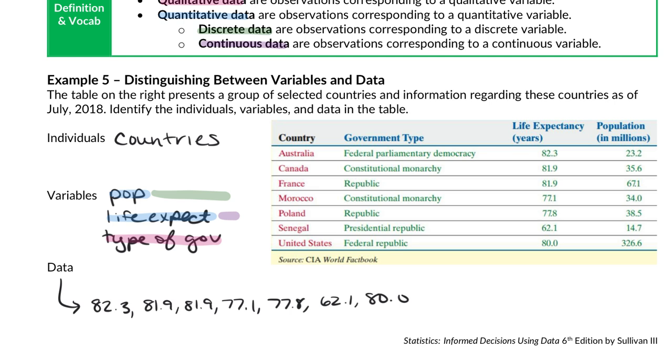Those are the data specifically from life expectancy for these countries, for these individuals. So the data really are just observations in the table. So what we actually get for each of these variables through our study for each individual is the data.